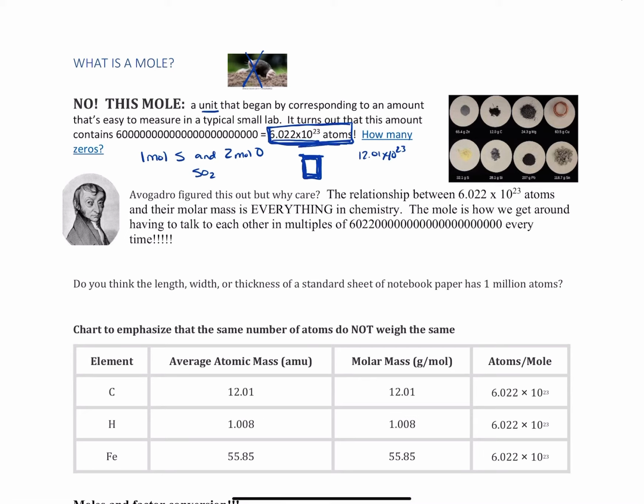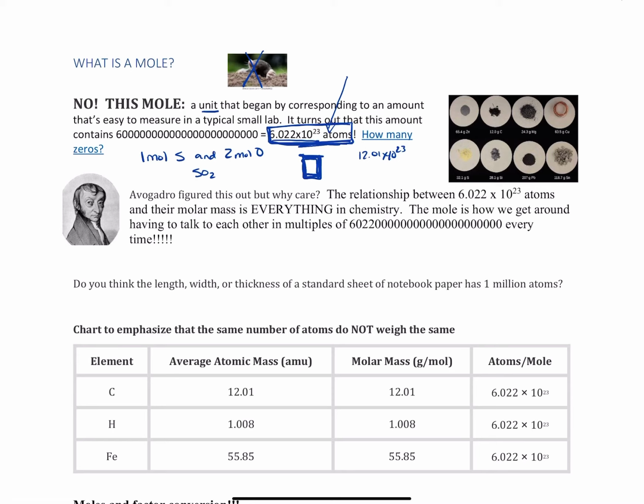So then you're like, well, why did someone pick this amount? Well, I'm sure there's lots of reasons. They had to pick some element to standardize it with, and the one they picked was carbon. Of course, carbon's everywhere, so it's a good one to pick. And this was actually debated as late as the 60s.